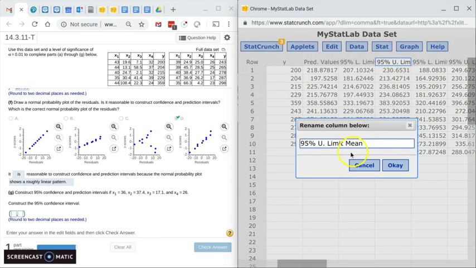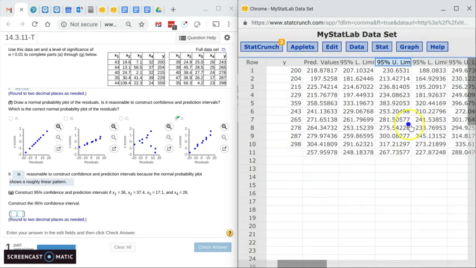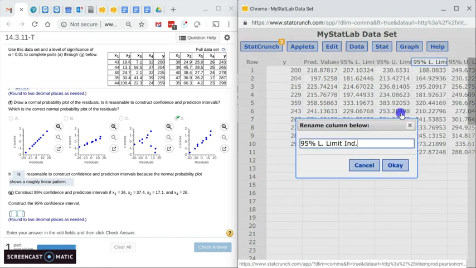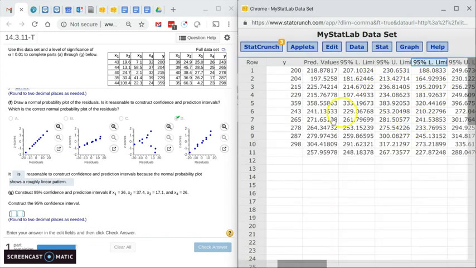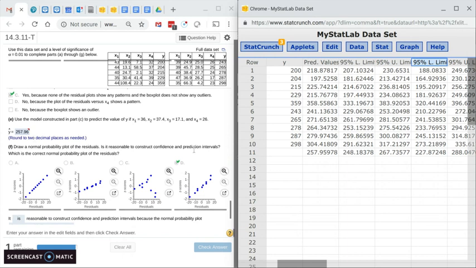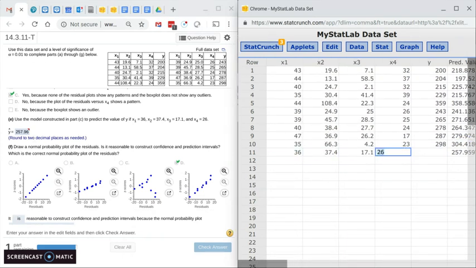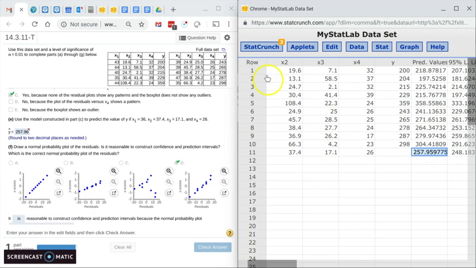Yeah, so this is the mean, right? So that's the confidence interval. These are going to be the prediction intervals, the second two. The lower limit, yeah, the lower limit individual at the prediction interval. Okay, so that's where you see this in this row that I created. The prediction is 97.96 when rounded to 2 decimal places.